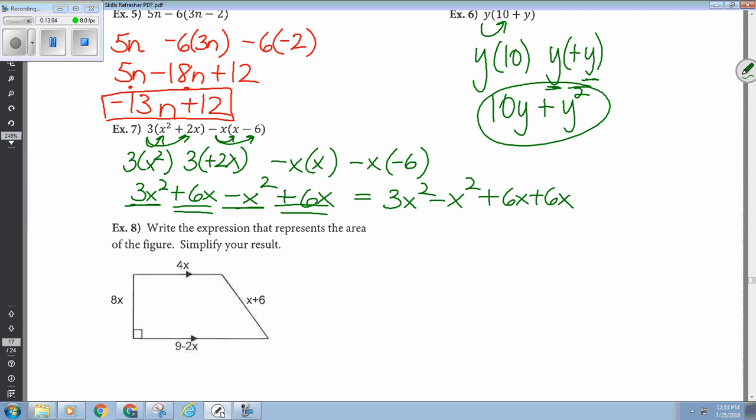Remember, no number in front of a variable means it's understood to be 1. 3 minus 1 is 2x squared. 6 plus 6 is 12. So plus 12x. And that's your final answer.